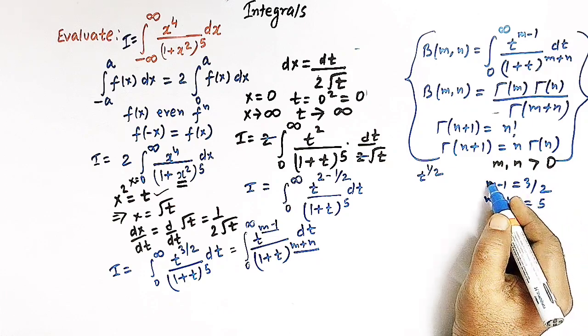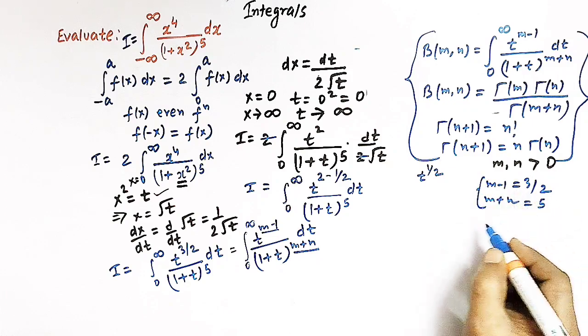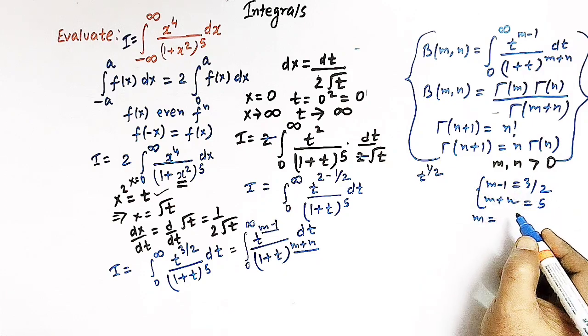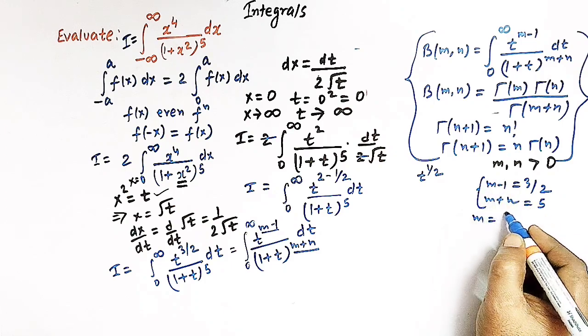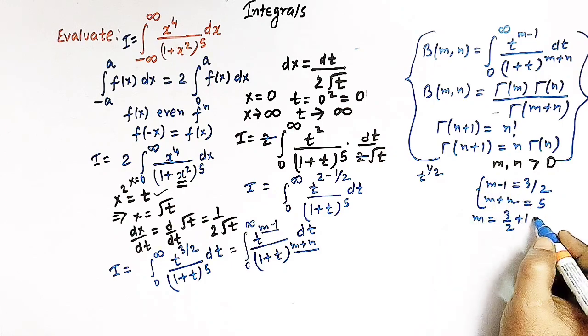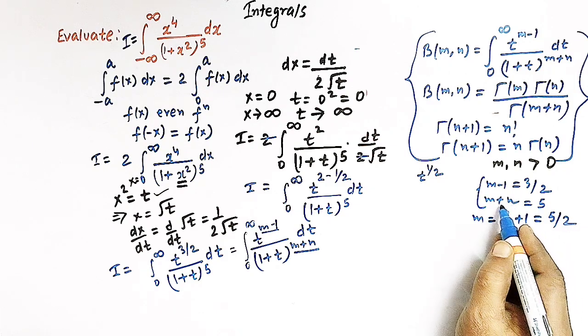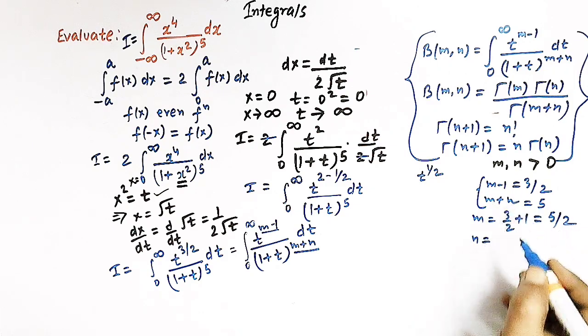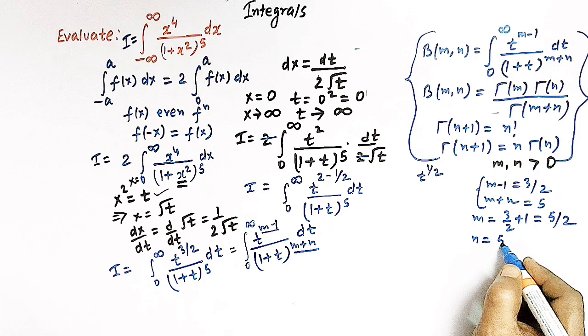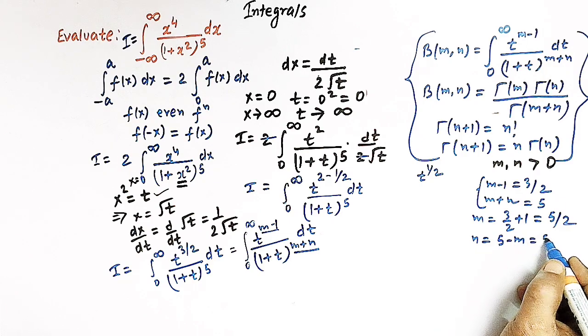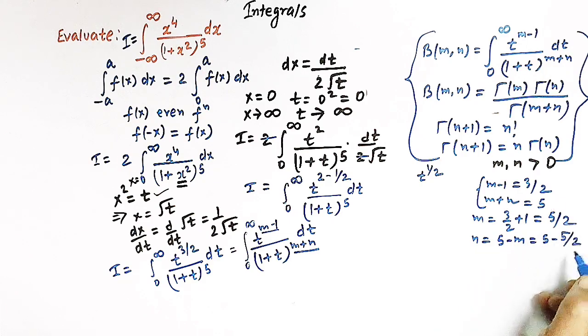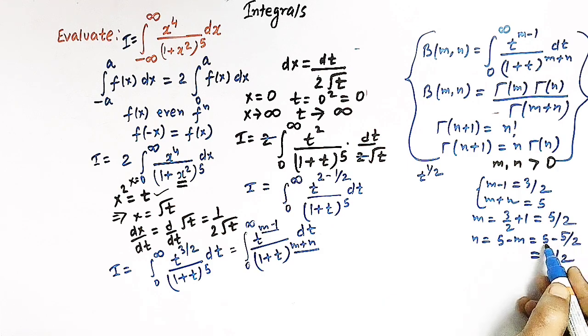So we have here two equations, and we can find the values of m and n. m is 3 by 2 plus 1, that is 5 over 2, and from here we can find the value of n, that is 5 minus m. So we have 5 minus 5 by 2, that is 2 times 5 is 10, 10 minus 5 is 5, that is 5 over 2.